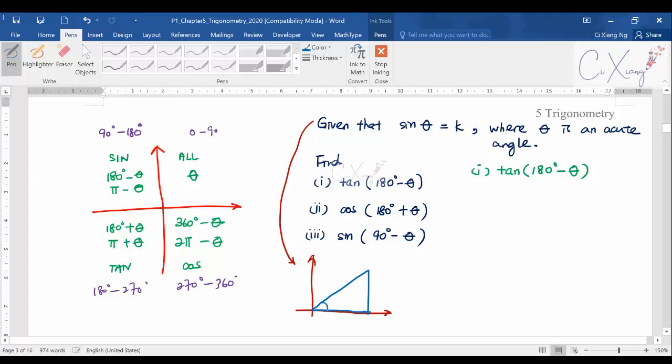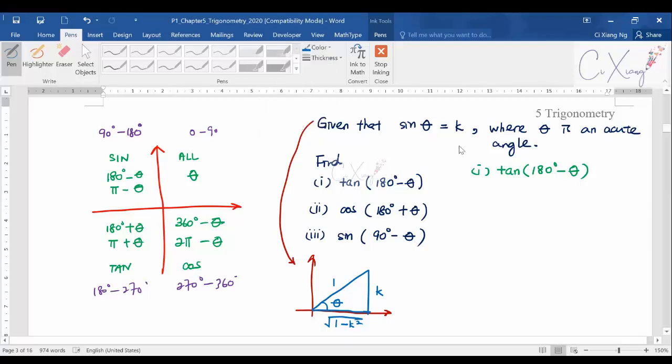So let's say this is theta. Okay, so they say sine theta equals to k. That means this is k, this is 1. All right, so from here, you should know that the value for this one should be square root of 1 minus k squared. You use the Pythagoras theorem to get the value. So this is a triangle that we have in the first quadrant.